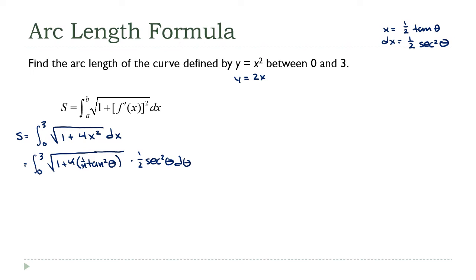So I'm going to bring the 1/2 out in front, 1/2 integral 0 to 3, and I get a secant from the square root part here. Then I have this secant squared over here. All right, so this is going to be the integral of secant cubed theta d theta. Now, the easiest way to approach this is to look at those reduction formulas that we talked about in an earlier lecture, right? And we have one for secant n theta.